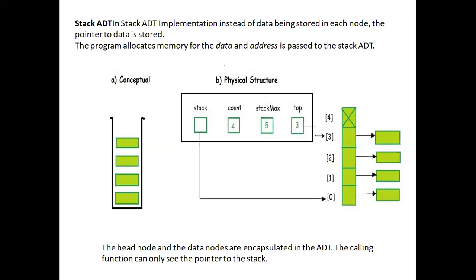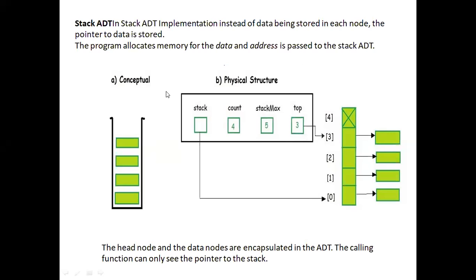But how that operation is implemented and how the values of top or other elements will be stored is not mentioned. So read the definition: in the stack ADT implementation, instead of data being stored in each node, the pointer to data is stored. The program allocates memory for the data and the address is passed to the stack ADT.